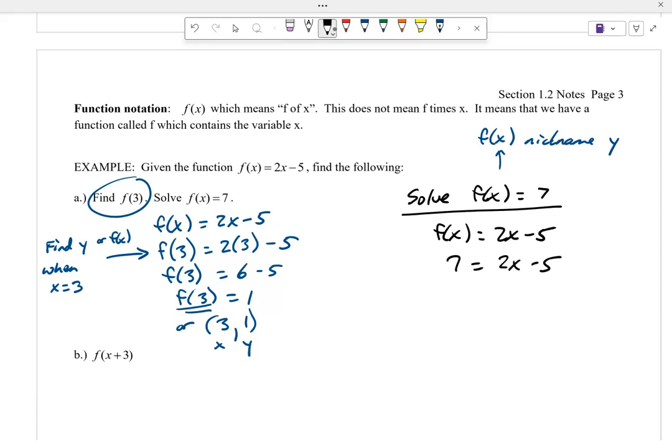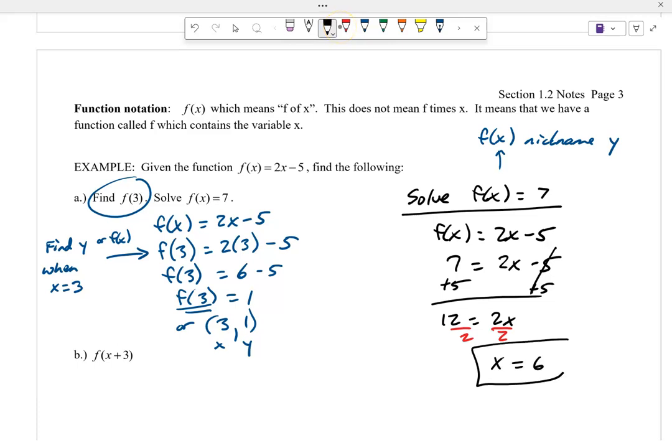So I replaced f of x with the 7. So we just solve it. 12 equals 2x. I'm going to go ahead and divide both sides by that 2. And it looks like x ends up being 6. Right? So 6 is solving that, provides us with an output of 7, a y value of 7.